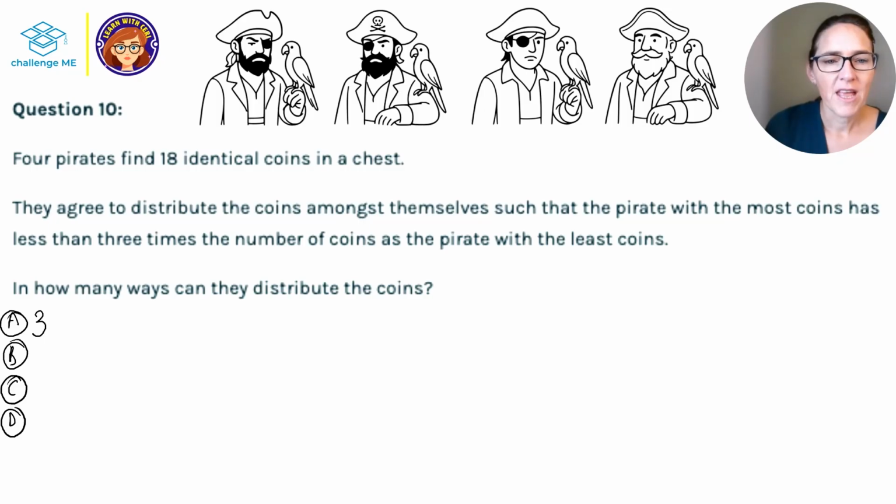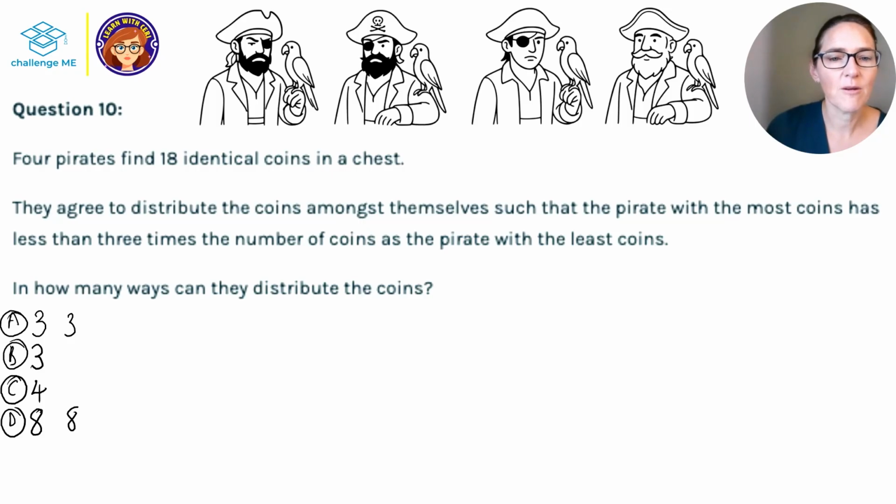So 3. 3 threes are 9, so this one could be an 8. If we've got 3 and 8, that's 11, we've got 7 left to distribute here. I'm going to keep this as low as possible to have some kind of system. 3, 3, 4, 8. And then this one here, it could also be a combination of 3 and 8 with... oh actually no, it doesn't work, does it?